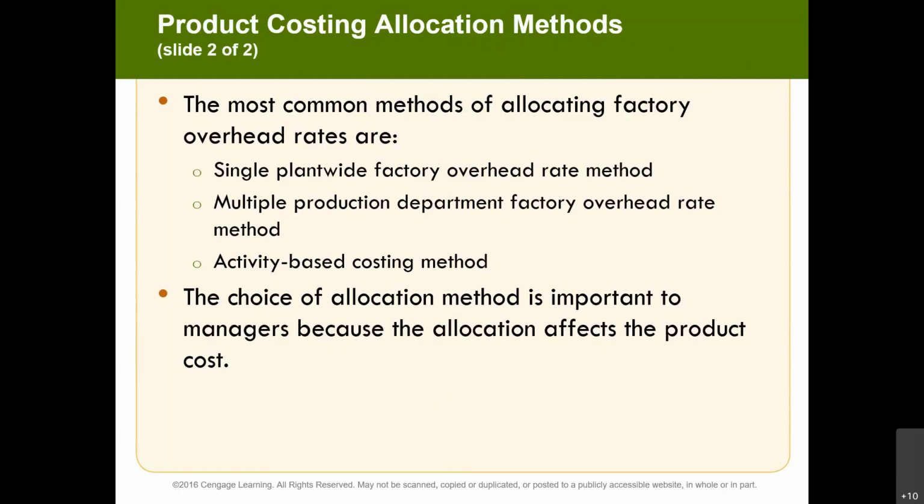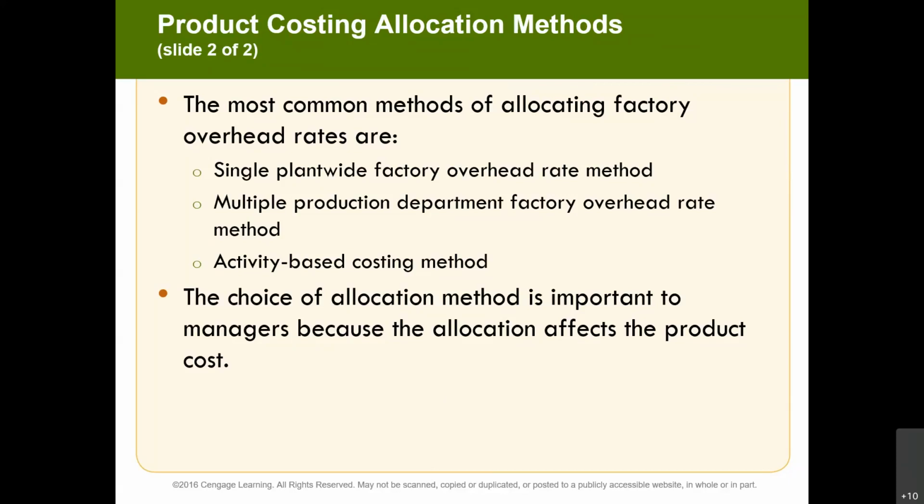Okay, so as we just discussed, there are three primary methods of allocating overhead. There's a single plant-wide method that we talked about in earlier chapters. That's where we simply took the overhead amount and divided that by the production levels, the units. The multiple production department method is where we allocated the overhead to each respective department. And we're going to talk in detail about the activity-based costing method.